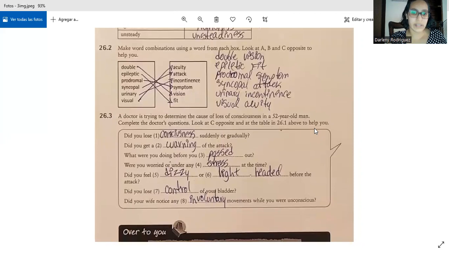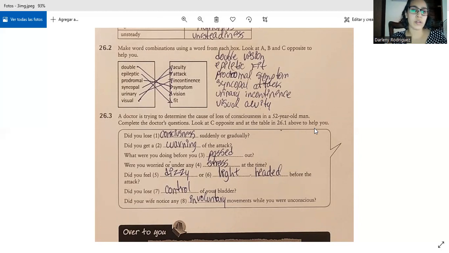A doctor is trying to determine the cause of loss of consciousness in a 52-year-old man. Complete the doctor's questions. Did you lose consciousness suddenly or gradually? Did you get a warning of the attack? What were you doing before you passed out?